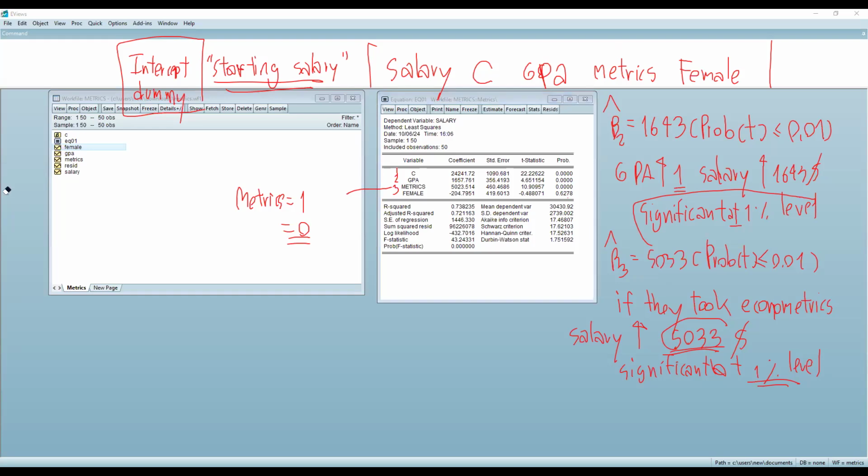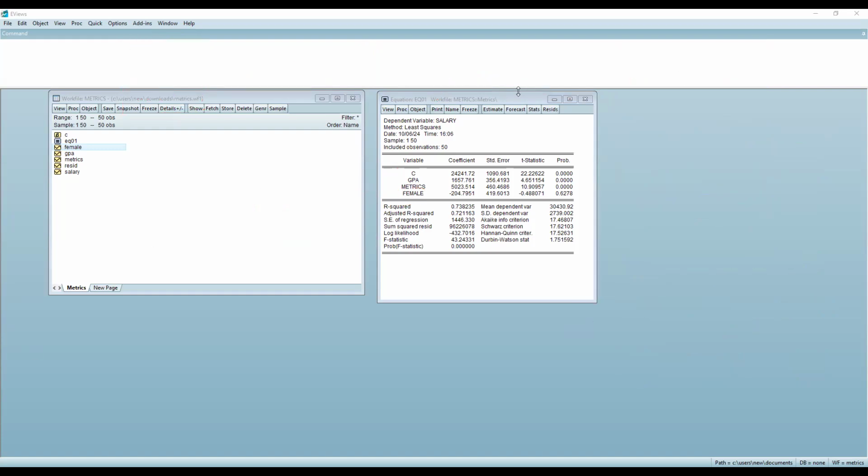But however, how do you interpret beta for female? How do you interpret this? You get this printout, and I will focus only on the dummy variable that we add here.